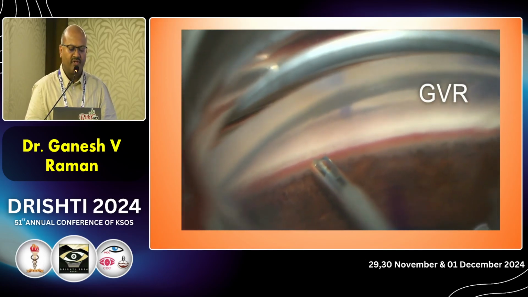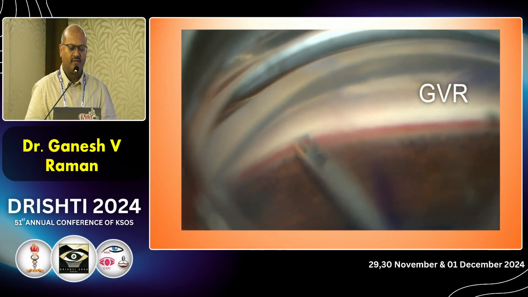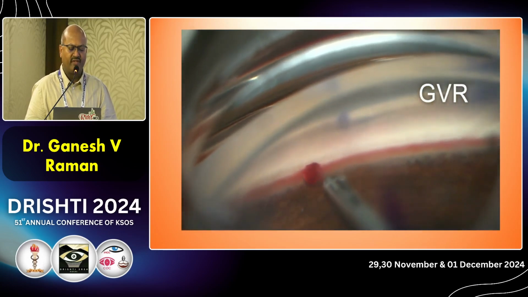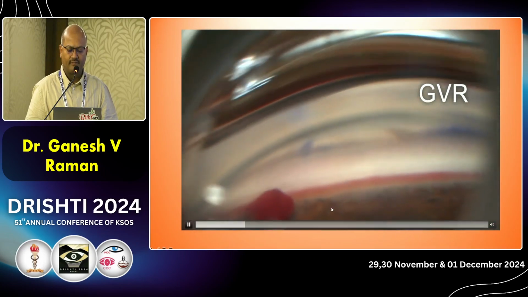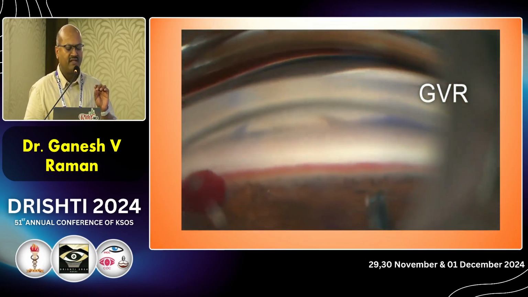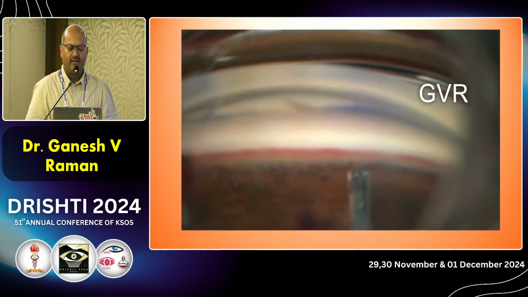So it comes preloaded, and then you shoot 2 devices, one after the other. It requires a little bit of a learning curve, but otherwise it's very easily performed. And then you turn around. The idea is to insert the inferior one first, and then do the superior one.